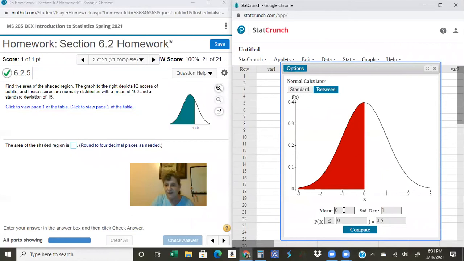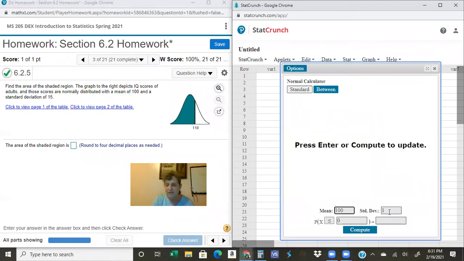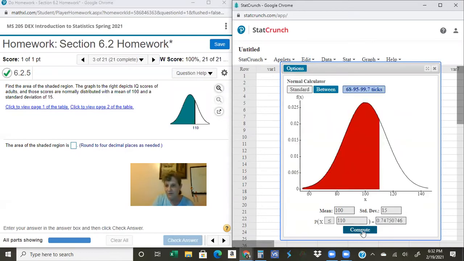This time, in place of the 0 in the mean, we're going to put the 100. In place of the 1 in the standard deviation, we're going to put 15. And to calculate the probability that the x lies below or to the left of 110, I put in 110, I hit compute.